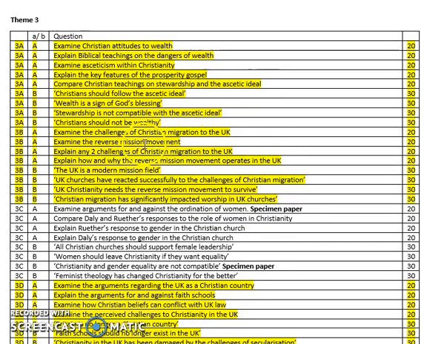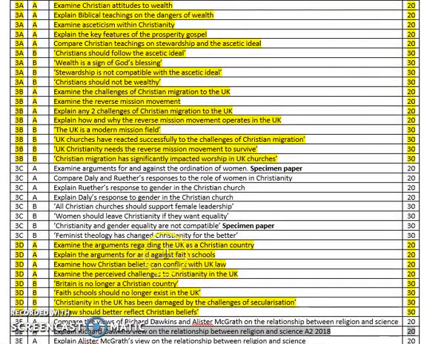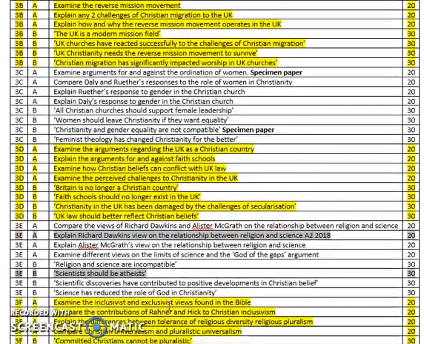Don't forget the reverse mission movement is in there too. The whole of theme 3D, which is where you're going to find whether the laws should be reflected in Christianity, and also church schools. That's quite a specific question that needs preparing for. We've been through that in a revision session together.